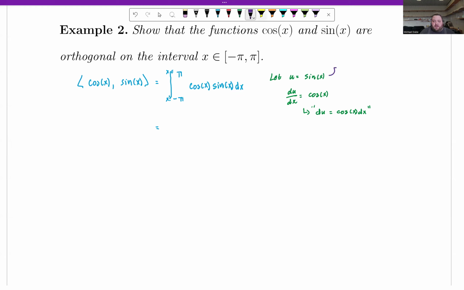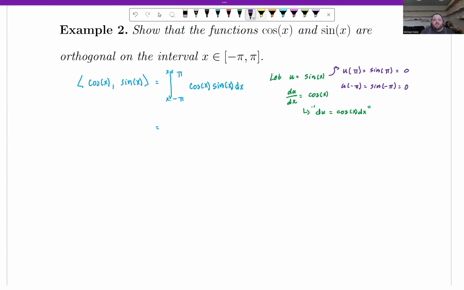I'll do it in a different color. So we have that u at pi, let's do pi first, which is equal to sine of pi, is equal to 0, and u of negative pi, which is equal to sine of negative pi, is also equal to 0.